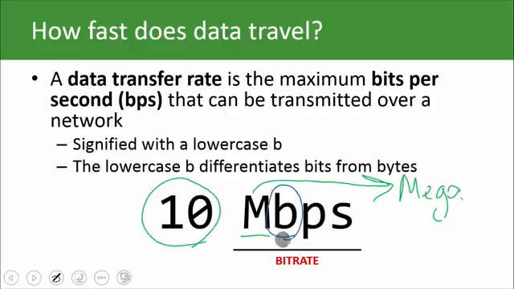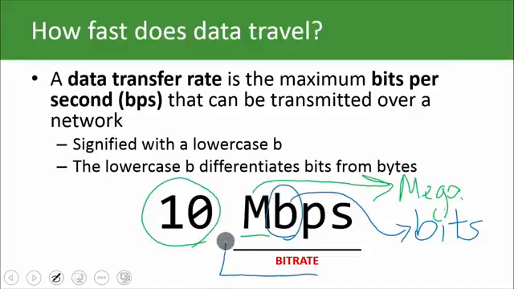This lowercase b is a little bit different from the type of data that we store. It represents bits, right? Not to be confused with a capital B, which would represent bytes. This whole construct is called the bit rate, and we use that to measure how fast data transfers over a network.